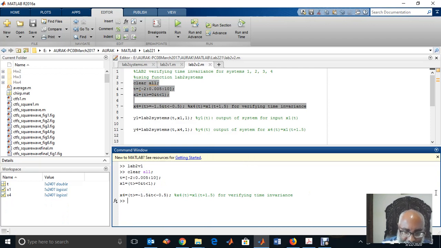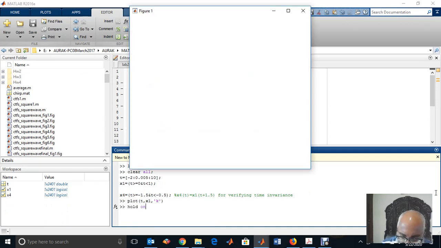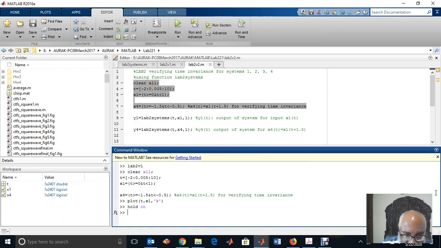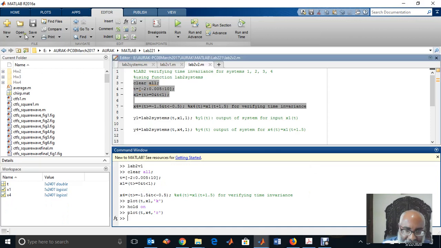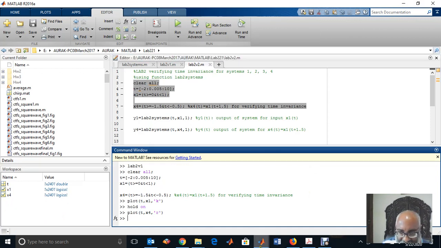I will plot t, x1 with black color, hold on, and on top of it I will plot t, x4 with red color. Okay, and I see both together. I should see that x4 is shifted by 1.5.